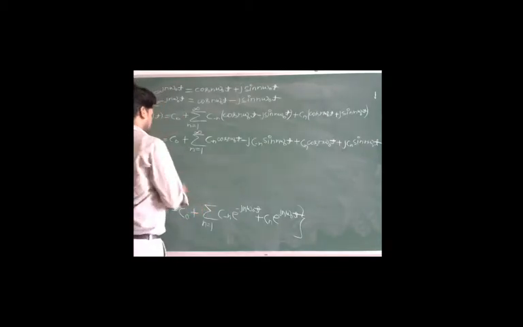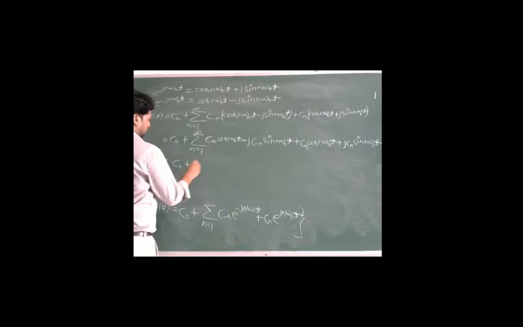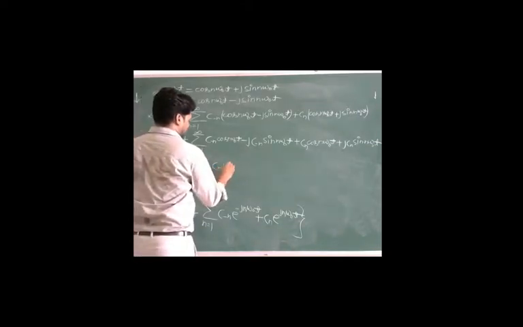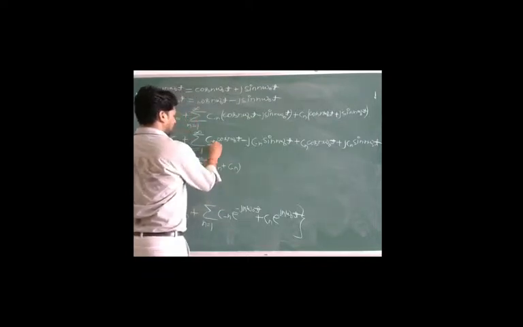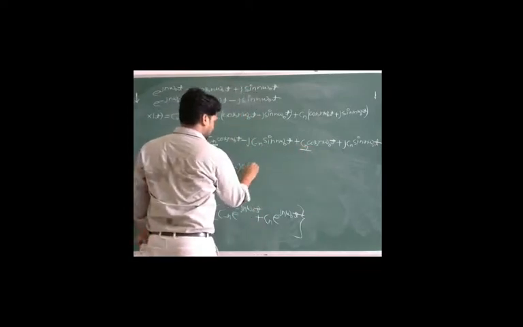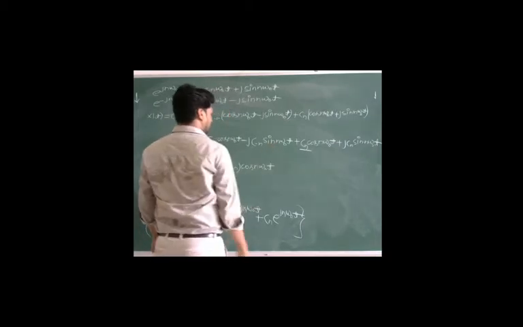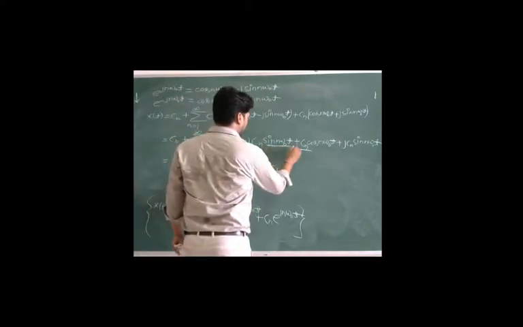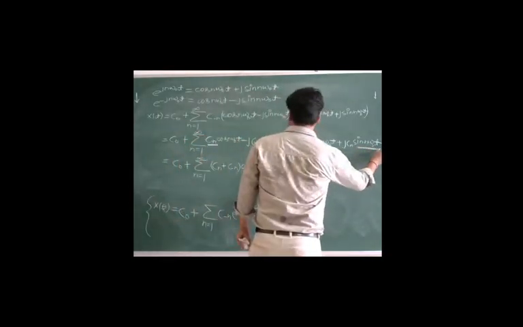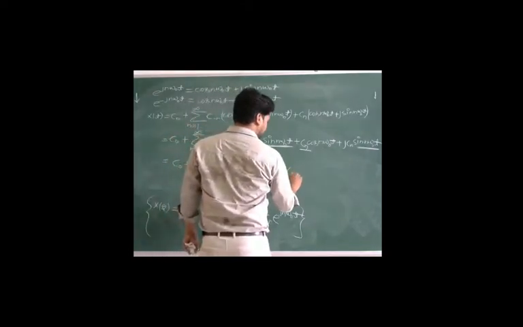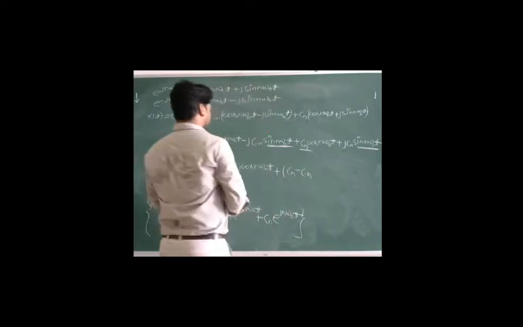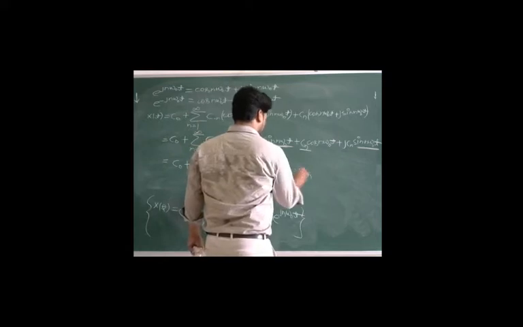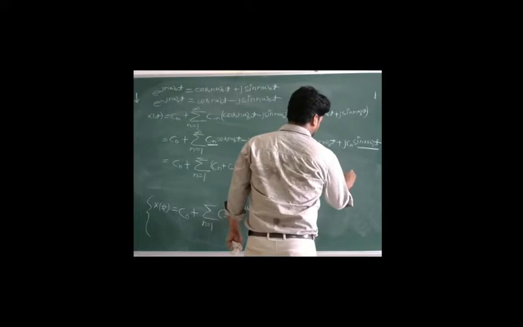We will put them together and this expression will become c naught plus sigma n is from 1 to infinity, c n plus c minus n, and we will take cos of n omega naught t common, plus here we will take sin n omega naught t from here and sin n omega naught t from here common, and it will become c n minus c of minus n, here j is also common, sin of n omega naught t.